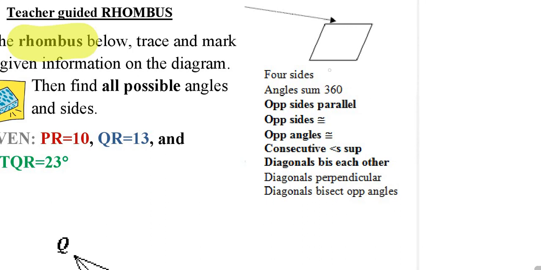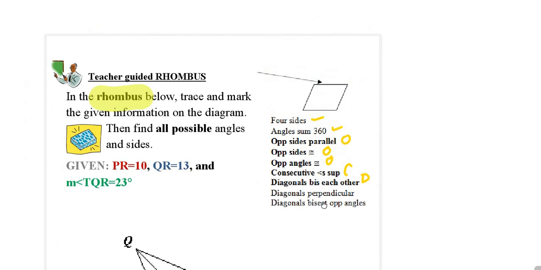These simple characteristics: 4 sides, angle sum 360, has all of the OCD qualities, and in addition to, it has these 2 very unique qualities, which is the diagonals are perpendicular, which means we have right angles in there, and the diagonals also bisect the opposite angles. So let's mark that information on here.